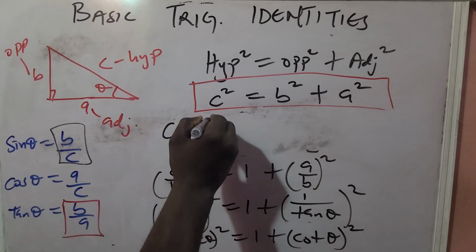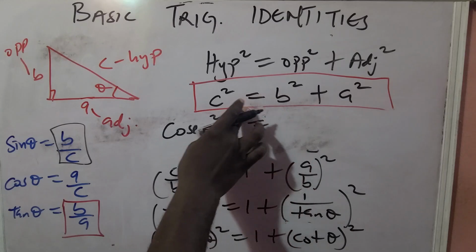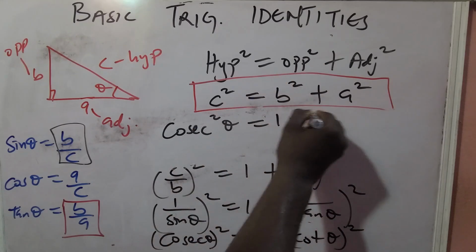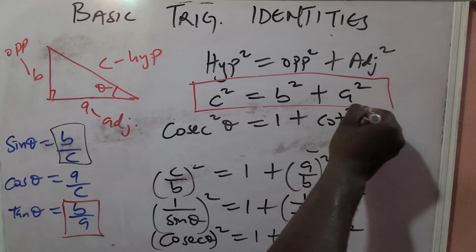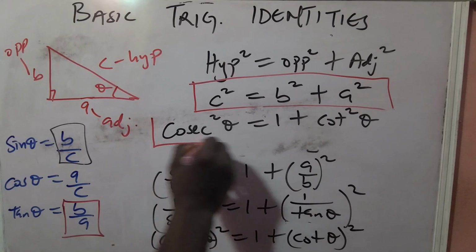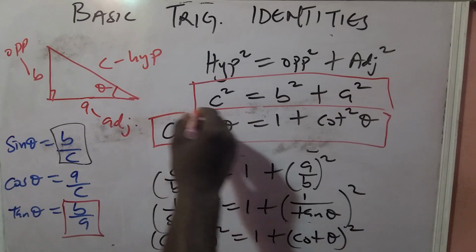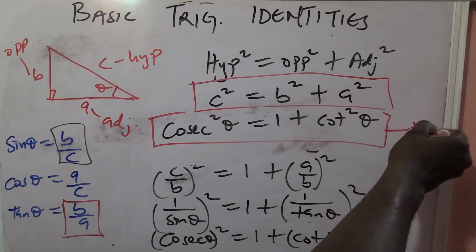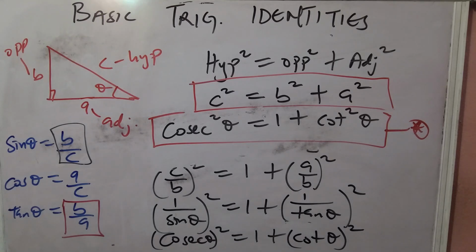So I can write cosec square theta being equal to 1 plus cot square theta. And this is another of our basic identities we have been able to prove out. So this is the 6th basic identity we'll be dealing with in this particular video.